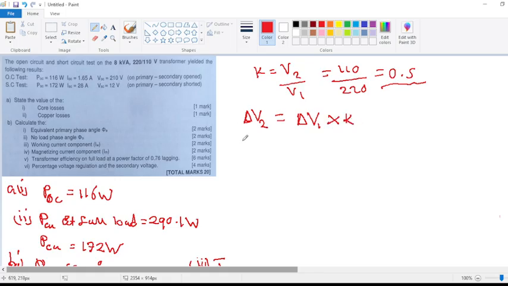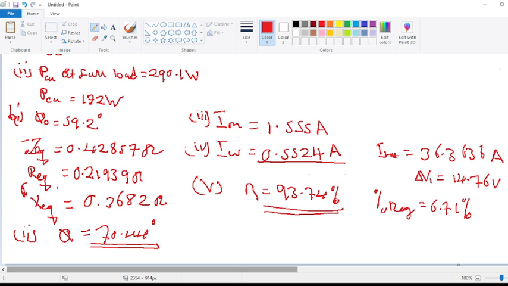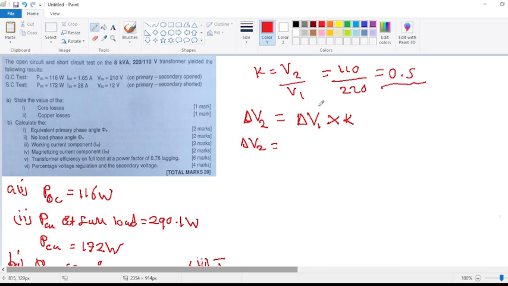Now the voltage drop on the secondary side has to be equal to the voltage drop on the primary side. What was our voltage drop on the primary side? It was 14.76. 14.76, I multiply by the turns ratio. The turns ratio here turns out to be 0.5.